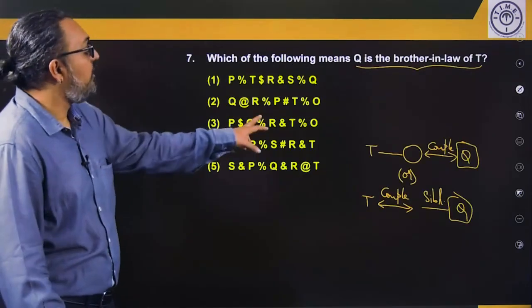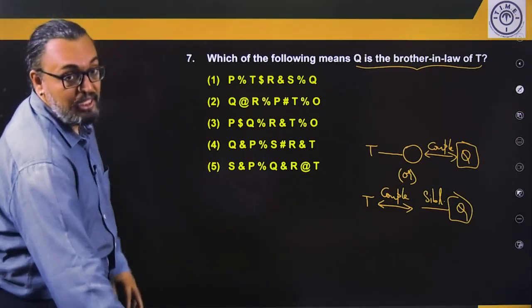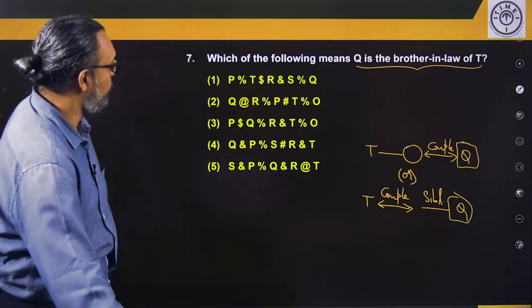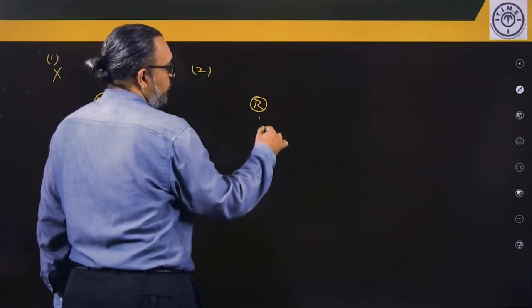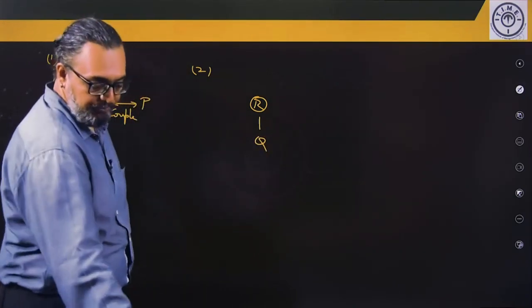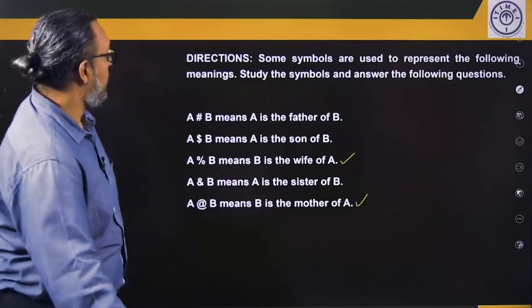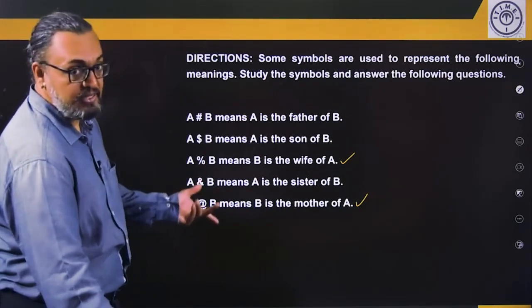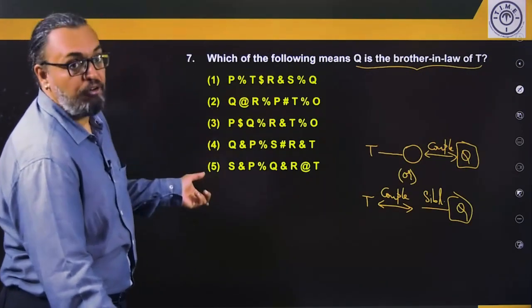So, when he says Q@R, R is a mother to Q. So, I don't know whether Q is a male or female for now, but we will take R is a mother to Q, right. So, we have R is a mother to Q. Okay. Then what else we have? Then R percentage P. Now, what is percentage means? Again, B is the wife of A, the reverse. Okay. So, R percentage P means P is the wife of R.